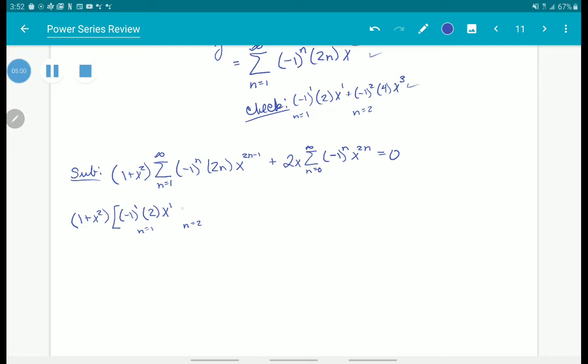If we substitute in a 2, we're going to have negative 1 squared times 4 times x to the third. If we substitute in a 3, negative 1 cubed times 2n x to the fifth. And then if we substitute in a 4, negative 1 to the fourth times 8 times x to the seventh.